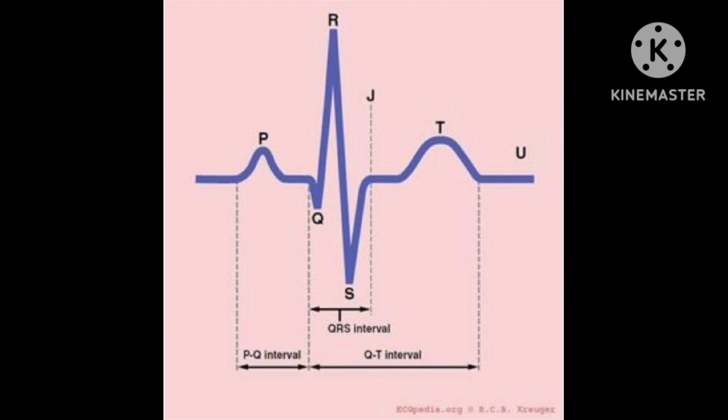Electrodes pick up the current and transmit it to an amplifier inside the electrocardiograph. Then the electrocardiograph amplifies the current and records it on a paper as a wave line, just like a wave.